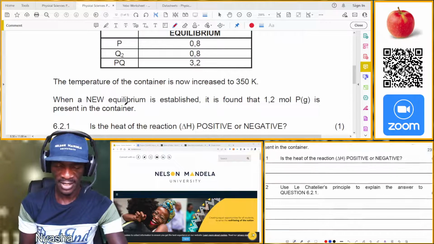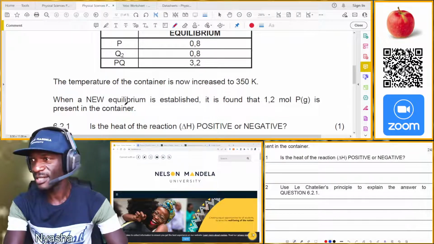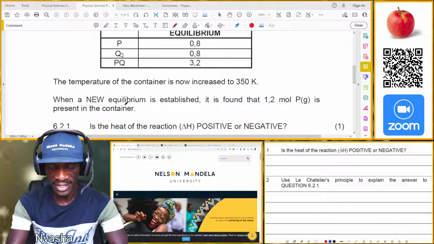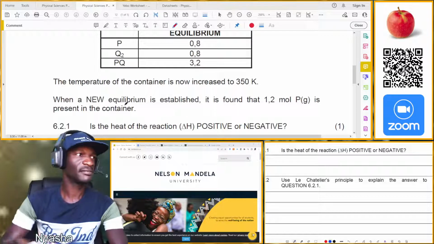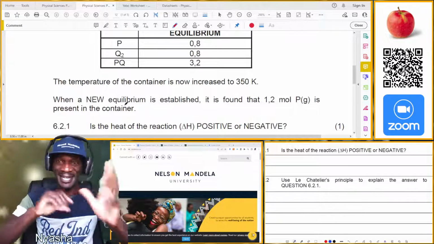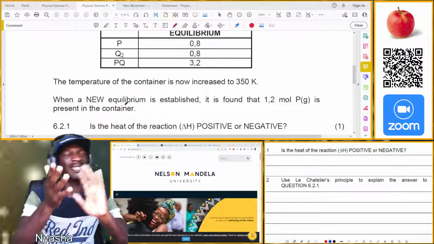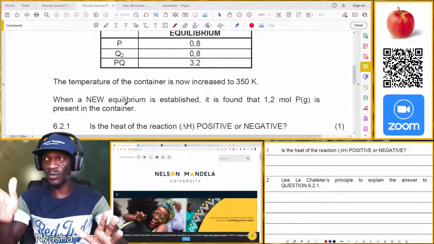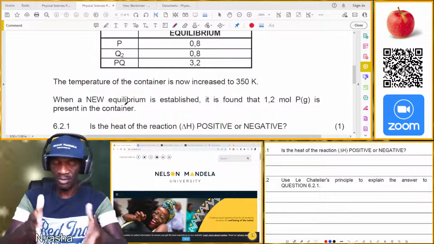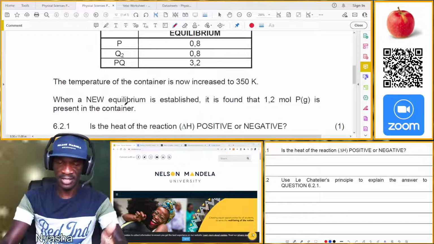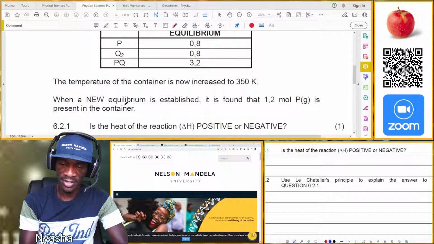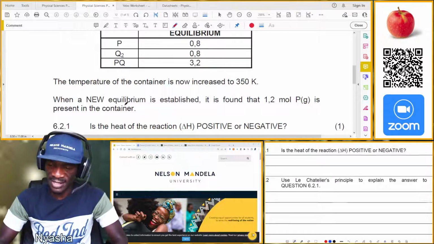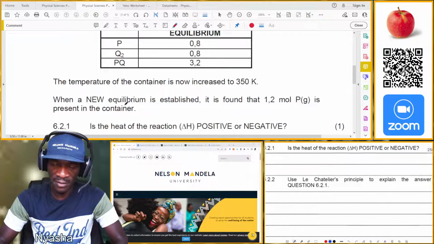The first question is: is the heat of the reaction positive or negative? Let me give you one or two minutes to figure this out. Is it positive or negative? We are just going to state positive or negative, because they've already highlighted these words by capitalizing them. So the question is: is the heat of this process positive or negative?